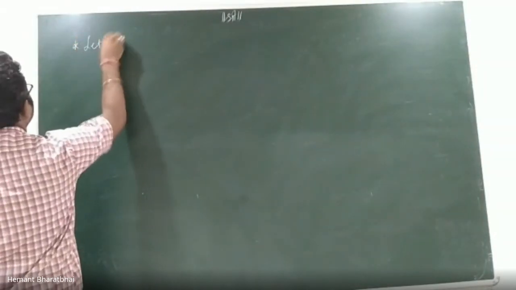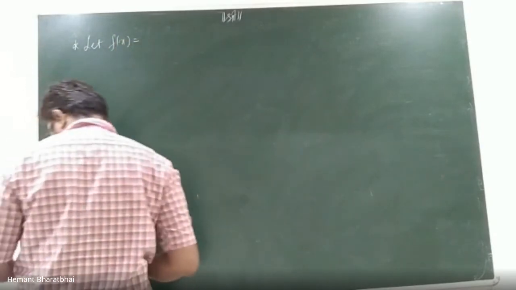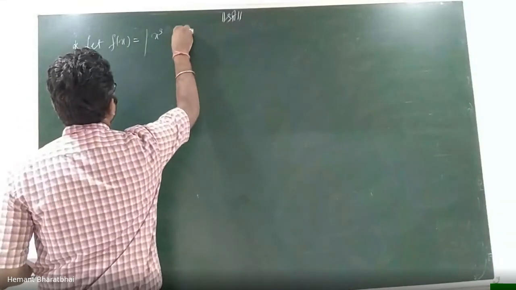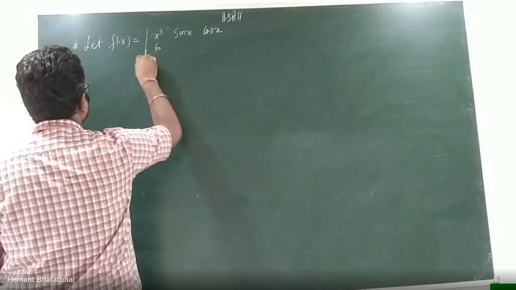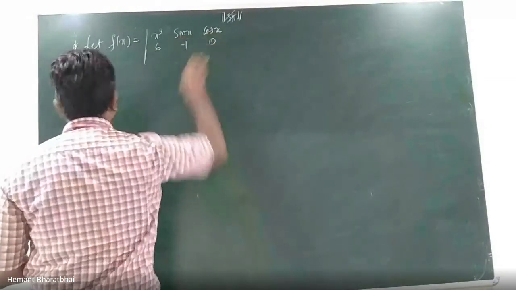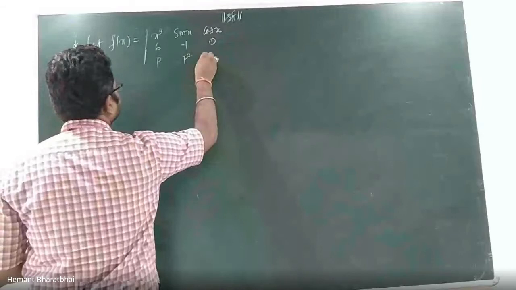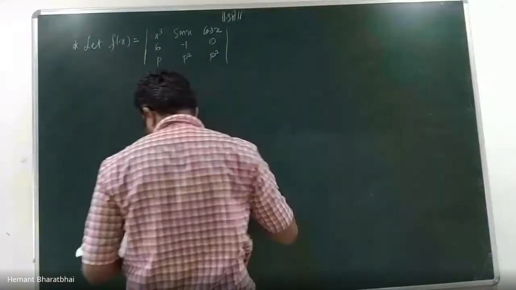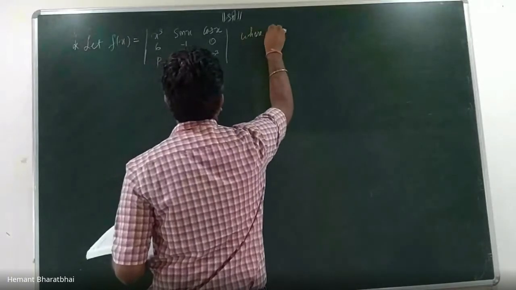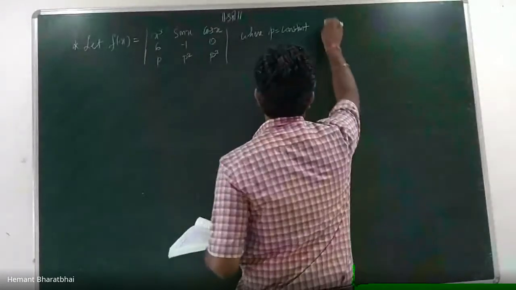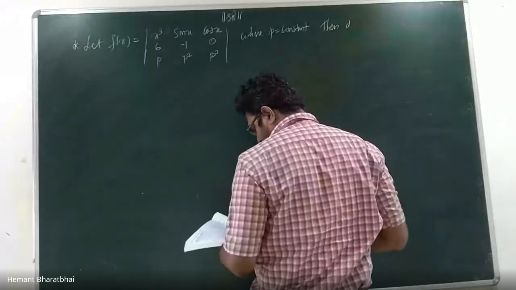So let f of x is equals to the determinant of x cube, sin x, cos x, 6, minus 1, 0, p, p square, p cube, where p is constant. Then d cube by dx cube.